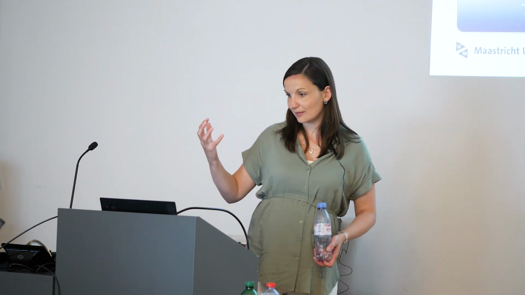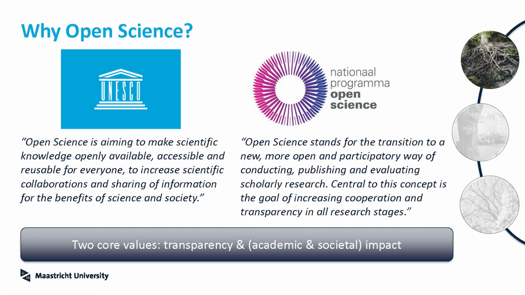And those are also 2 core values that really form the roots of the tree, so that we always have to think back, okay, does this improve transparency? And or does it improve impact? And if we talk about impact, we're talking about both academic and societal impact. So although there is this movement of measuring academic impact differently, it doesn't mean that it's not important anymore. We're just using different indicators for it.